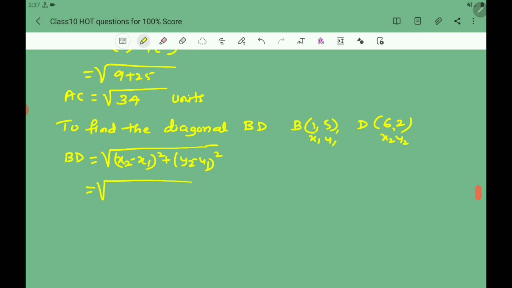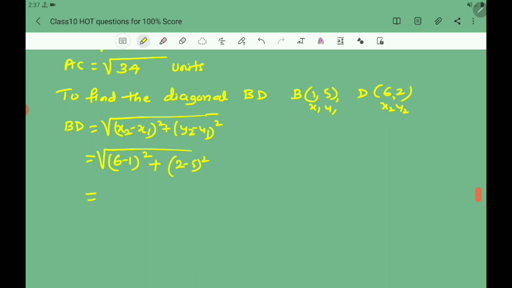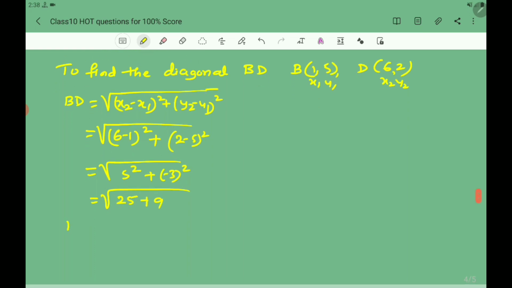Then you substitute the values: 6 minus 1 whole square plus 2 minus 5 whole square. 6 minus 1 is 5, 5 square plus 2 minus 5, that is minus 3 square. So you got 5 square is 25 plus 9. Therefore you got BD equals square root of 34 units.